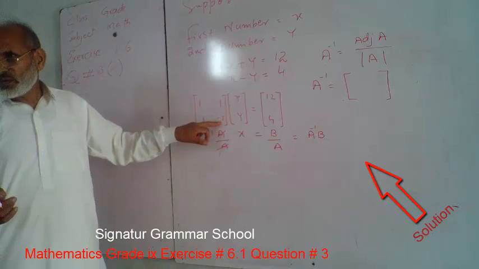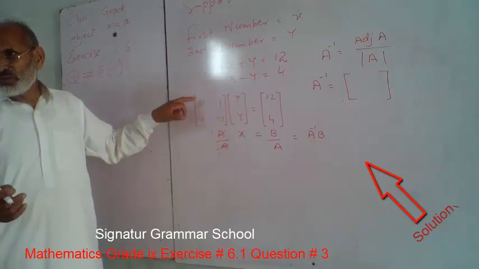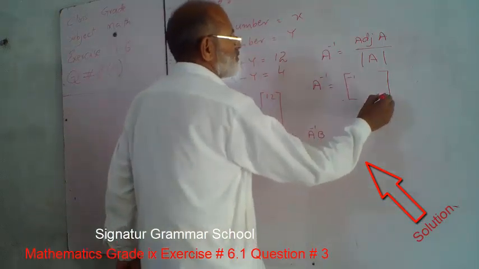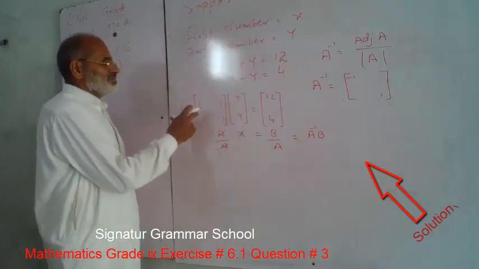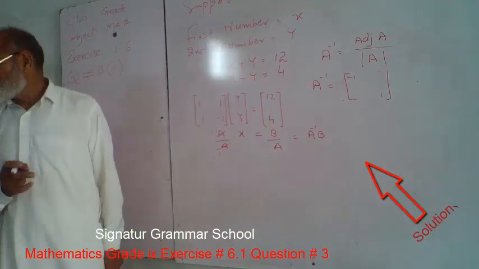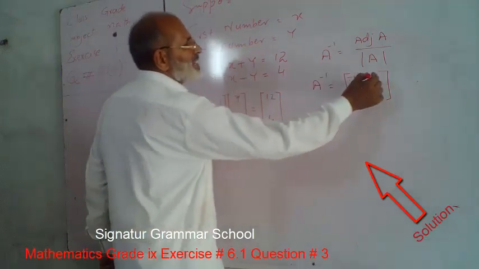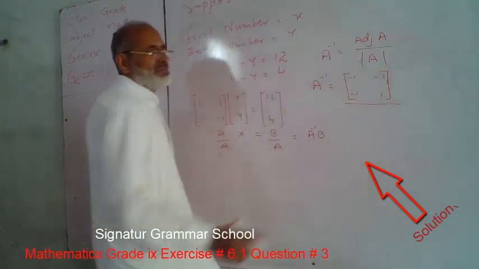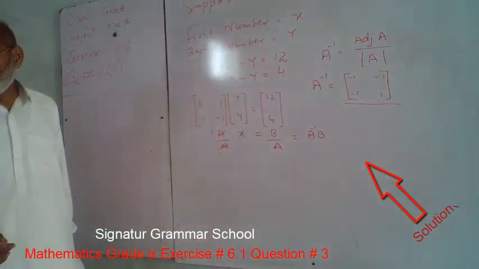This minus 1 from the position of D will be shifted to the position of A. So it becomes minus 1 and 1, and the sign of these two will be changed. As both are plus, it becomes minus 1 and minus 1, divided by the determinant of A.